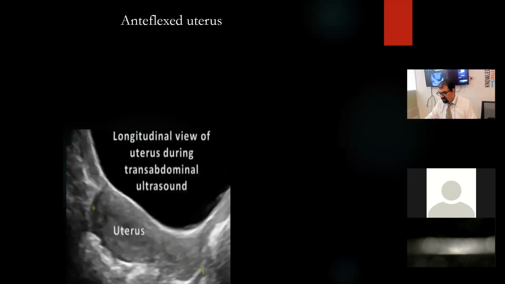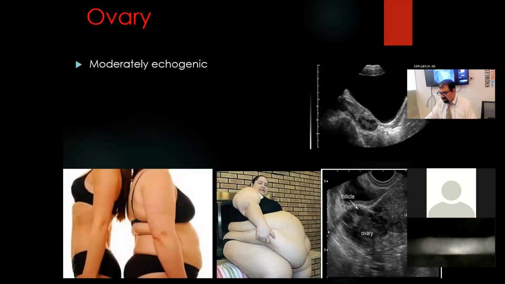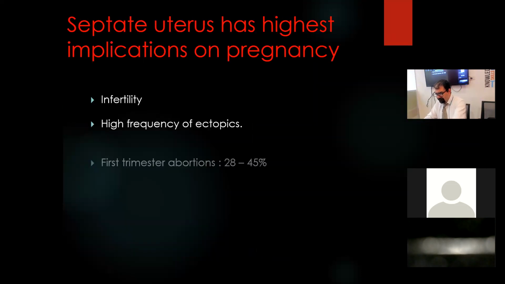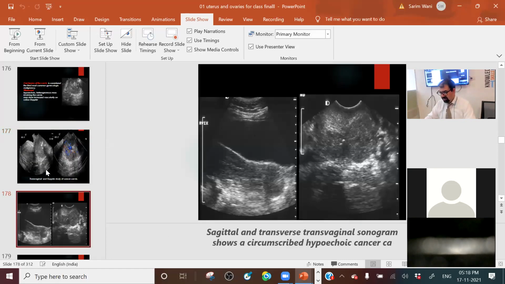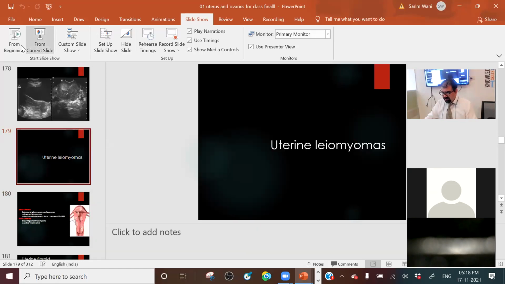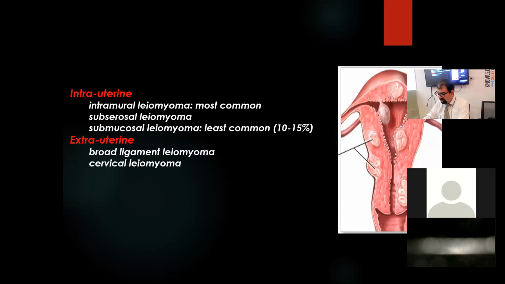So I am going directly to fibroid. Yeah, here it is. So here the point is that, I told you, we have different types, and we will not discuss them over here because this is already on the server.